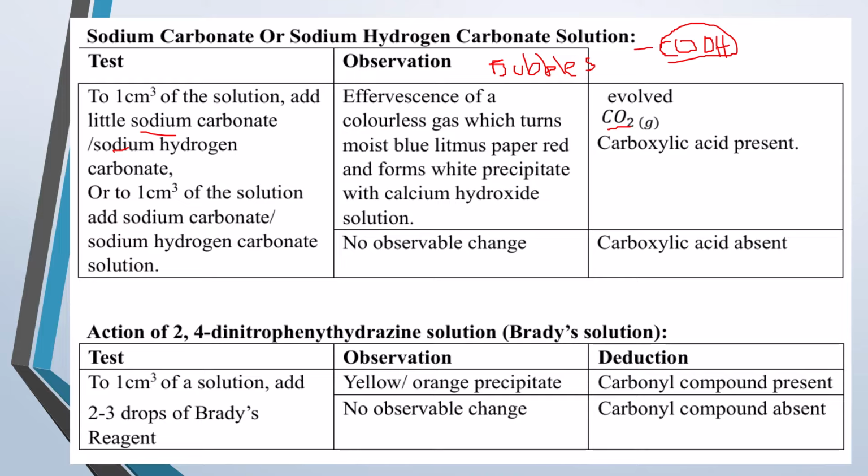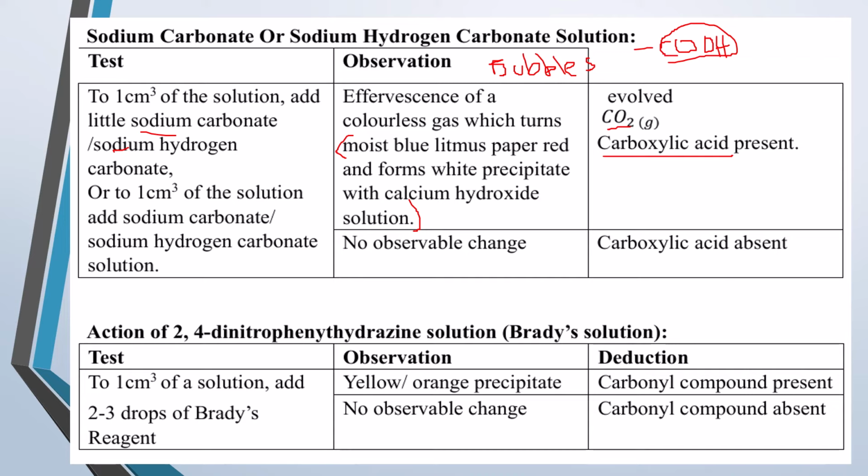Now here, we shall know that the gas is going to be carbon dioxide gas. So giving this test is optional. You simply say effervescence or bubbles of a colorless gas, and then you say carbon dioxide gas evolved. After that, the only thing that can give off carbon dioxide gas with sodium carbonate or sodium hydrogen carbonate is a carboxylic acid.